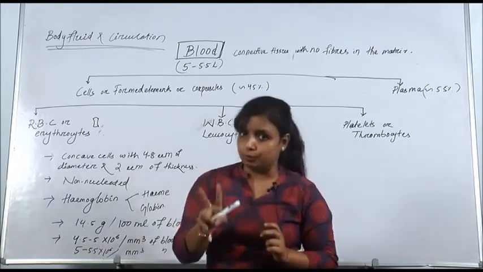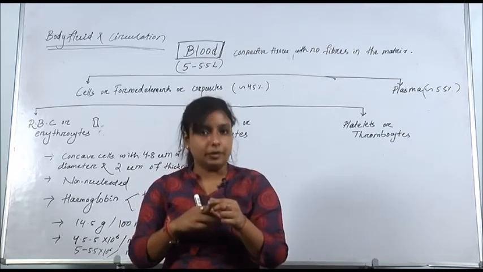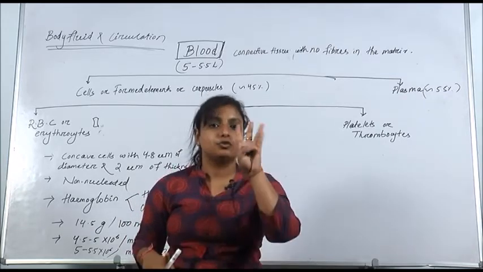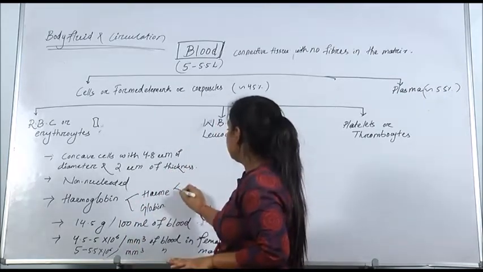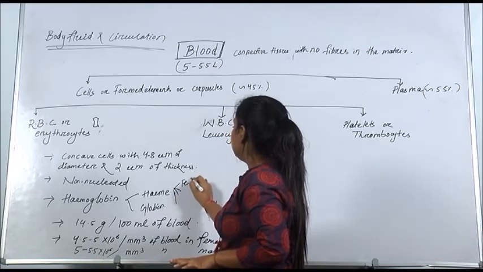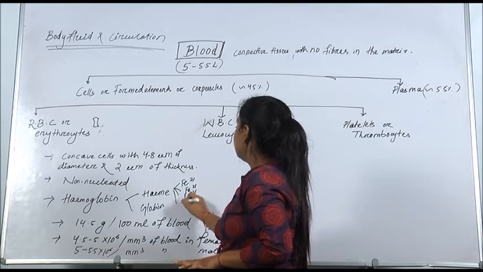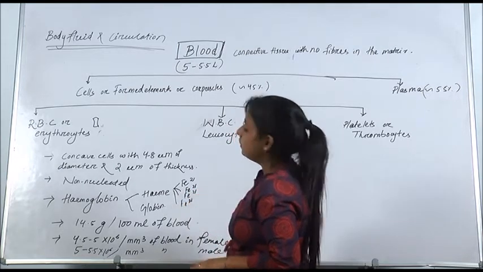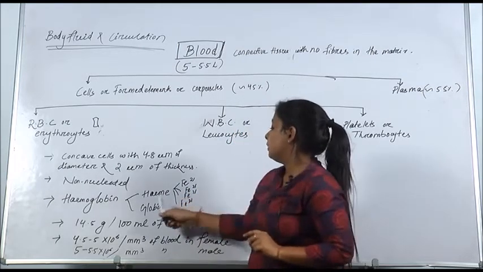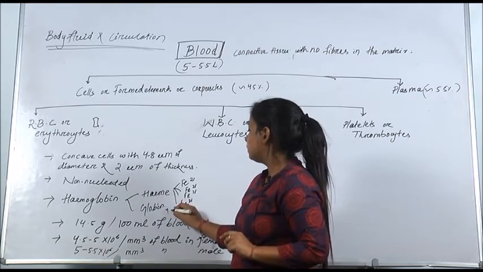Hemoglobin consists of 2 parts. One is the hem part, another is the globin part. Hem part consists of 4 subunits, each subunit with 1 iron atom, and each iron atom can carry 1 oxygen. The globin part also has 4 subunits or 4 chains.